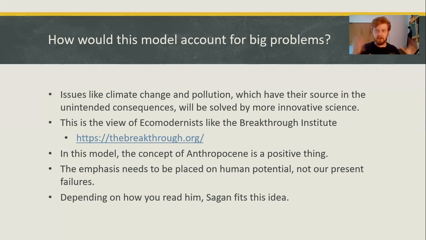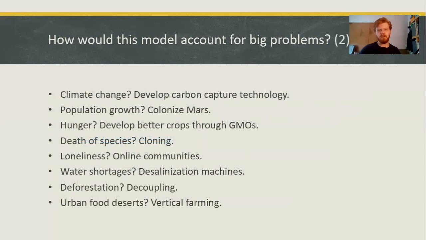He had all this really beautiful rhetoric about spaceship Earth traveling to the stars, improving our living conditions, realizing our potential as a species through the power of science. This is, in a way, the philosophy of Carl Sagan. And so, specific problems, how would this model account for them?